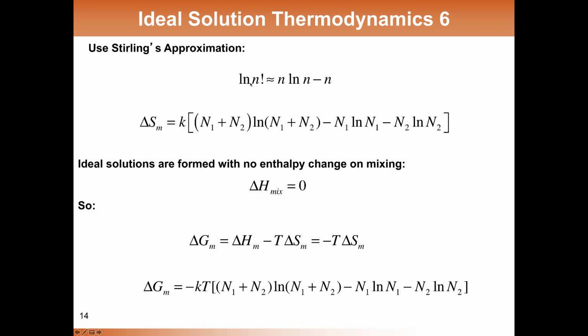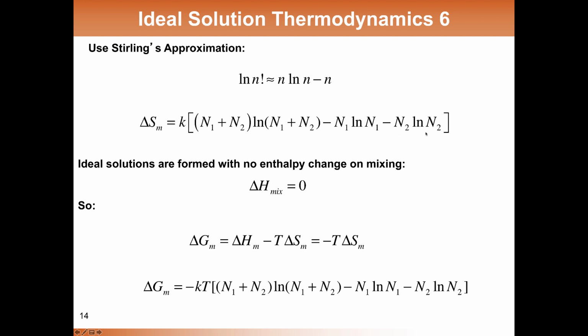We use Stirling's approximation again because the numbers of molecules are going to be extremely large, and so we can approximate the log of the factorial in each case as shown here. And if we apply Stirling's law, you should verify that the result that we get is shown here.